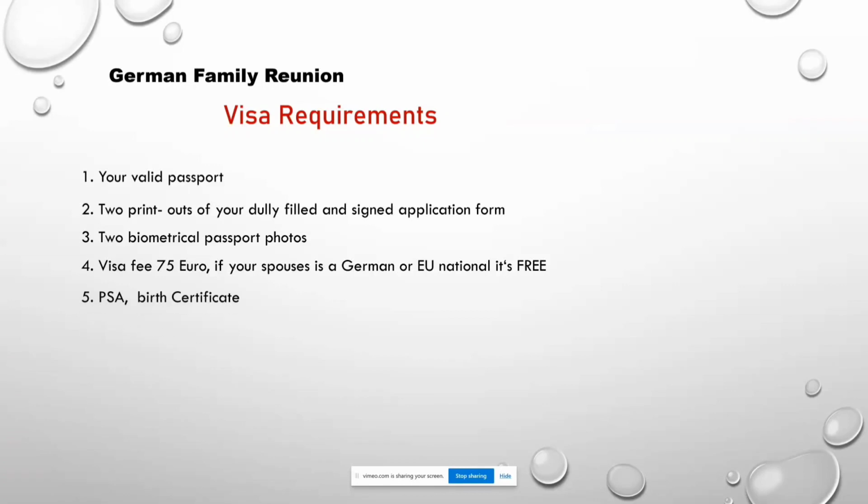Number 5, your PSA birth certificate. Number 6, marriage certificate with apostille and legalized if married abroad.